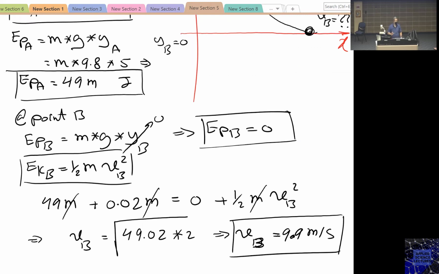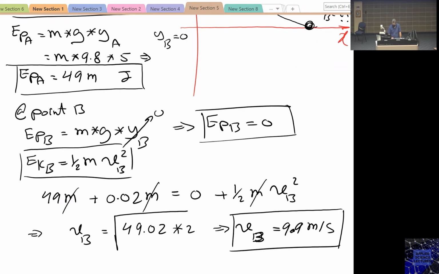So the only difference here is that the penguin has a kinetic energy right at the top that we had to include in our calculation using the conservation of energy.